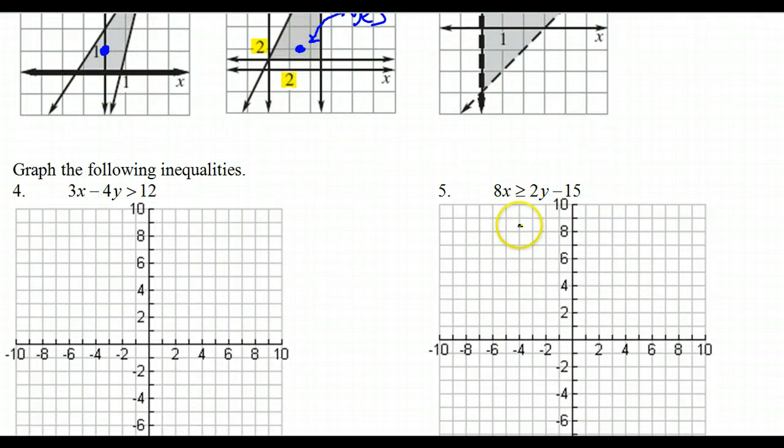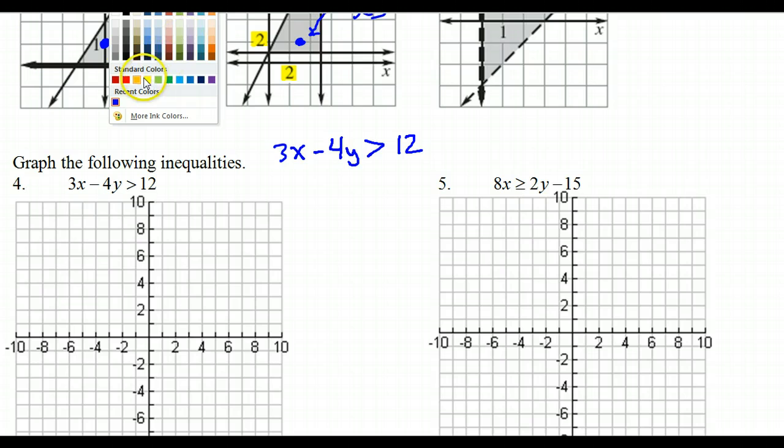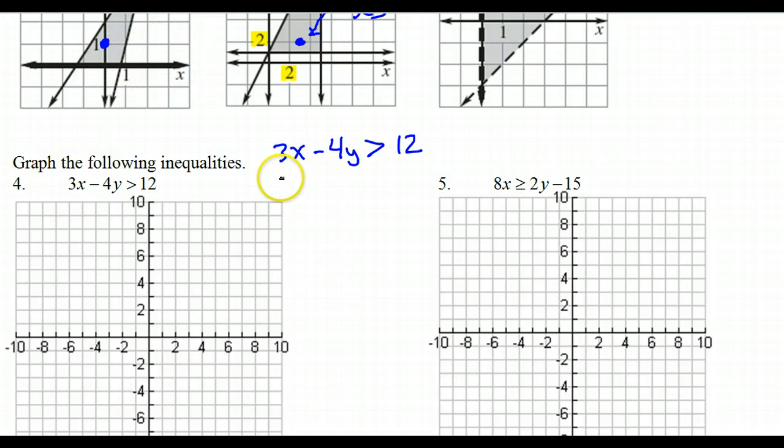Alright, let's move on. Alright, look at number 4. Graph the following inequalities. Well, in order to graph it, we are going to need to rewrite this into slope-intercept form, like y equals mx plus b. So starting with the 3x minus 4y is greater than 12 business, we have to get y by itself.